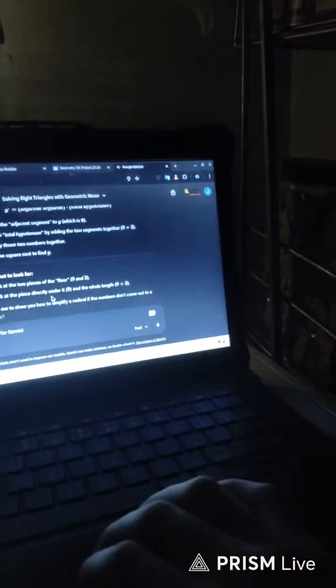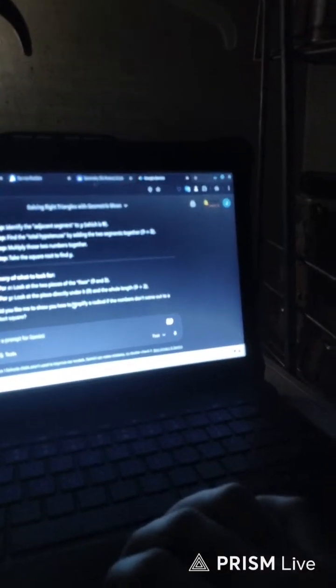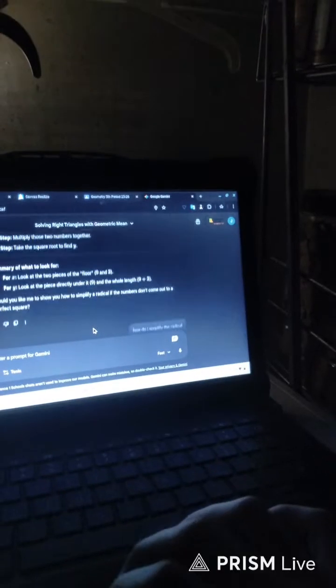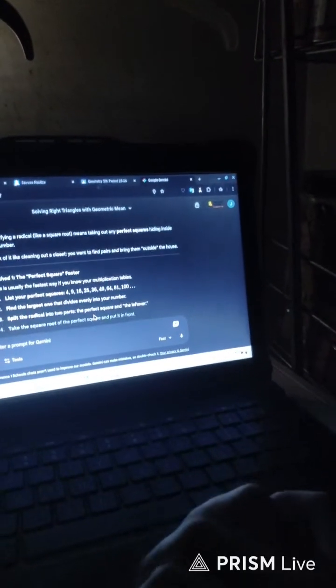So what's the square root of 108? I don't know. So we gotta find a number that evenly divides into it. Let's do 108 divided by, I think 36 might work, right?